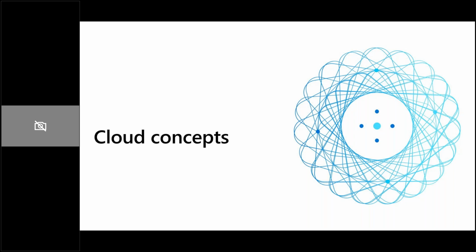We might have a dev environment, a test environment, a pre-production environment, and a production environment, correct? Can anybody let me know what exactly we would be having in a production environment? Any volunteer, you can unmute yourself.